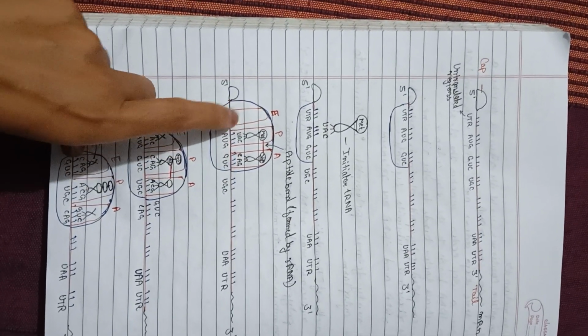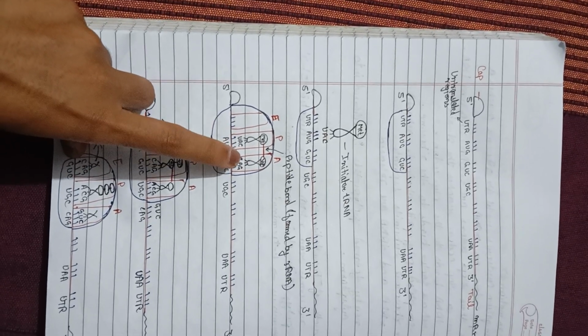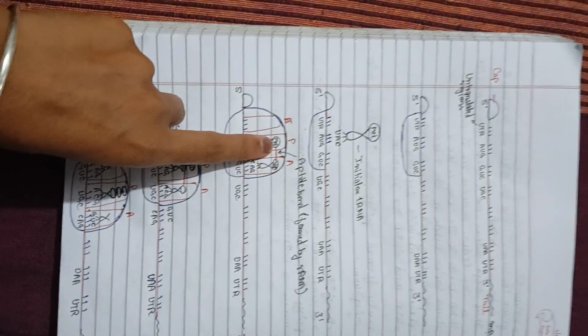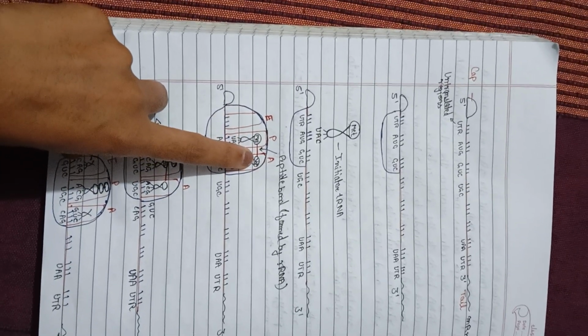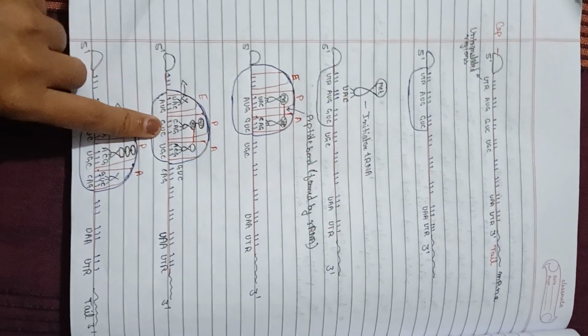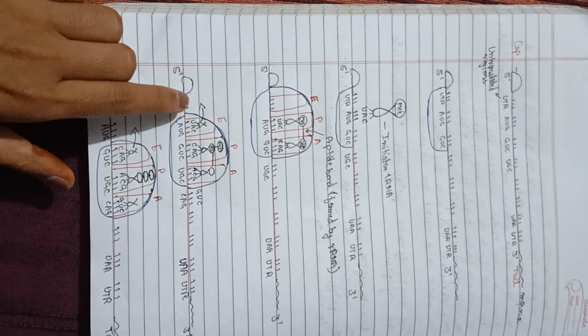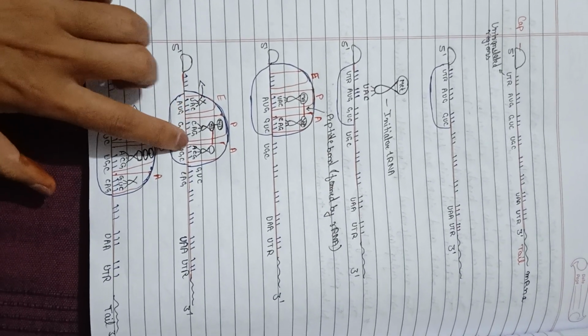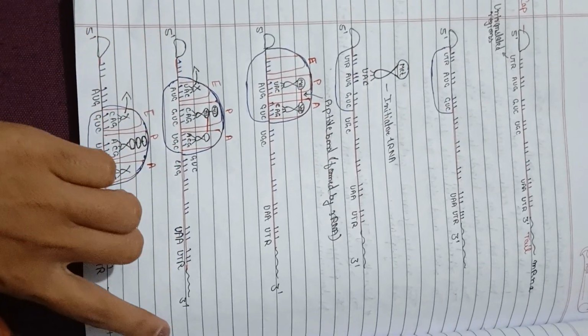So the amino acid on the P site tRNA and the amino acid on the A site tRNA both form a peptide bond, and this peptide bond is formed by rRNA. Okay, so in the next step, the ribosome moves forward in the direction 5' to 3' end.